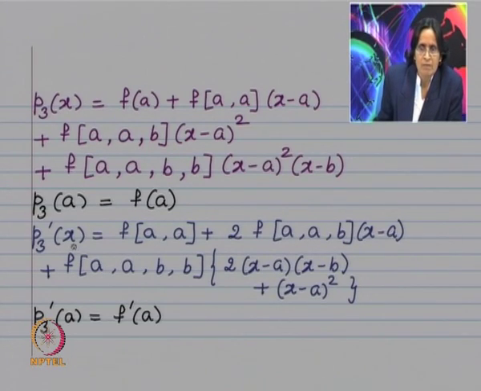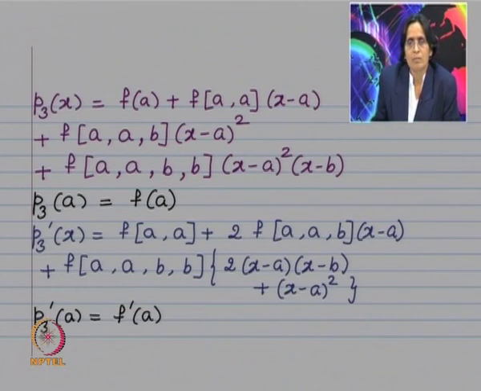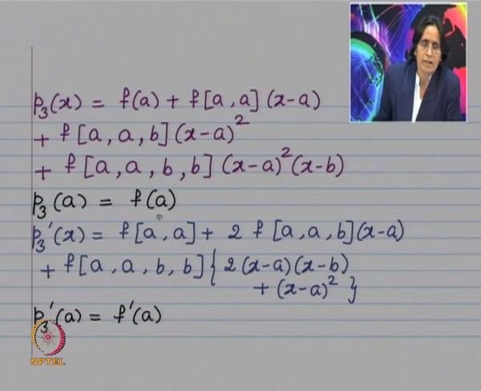When I put x is equal to a, there is an x minus a term here, an x minus a term here and an x minus a term here. So, P 3 dash at a is equal to f dash at a. So, this P 3 interpolates the function value at a and its derivative at a.